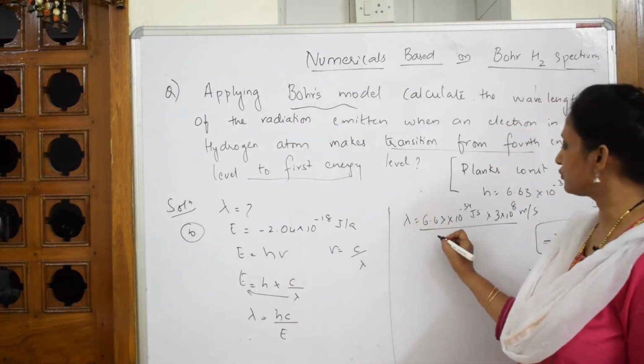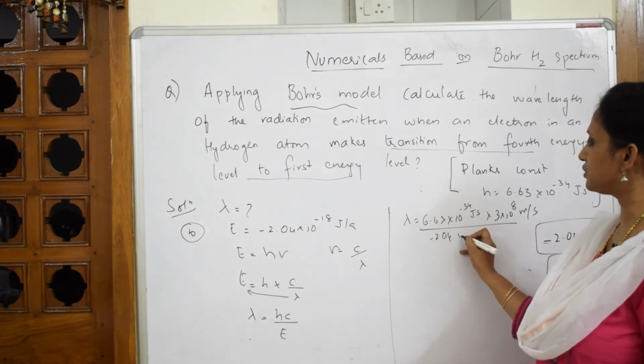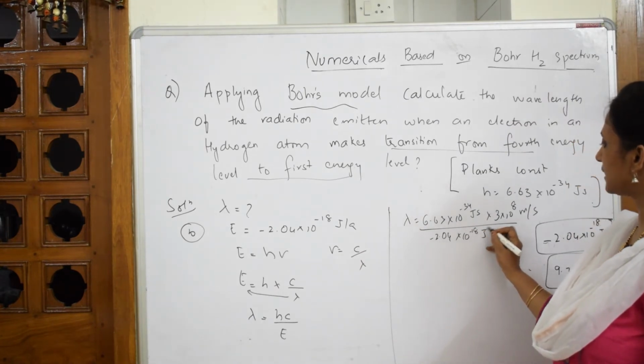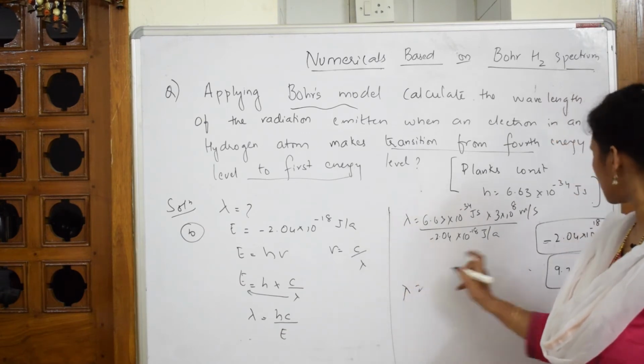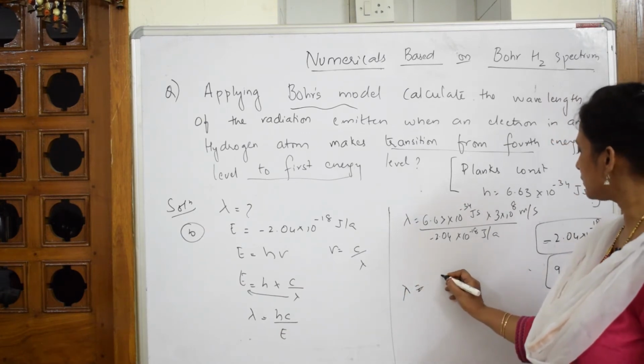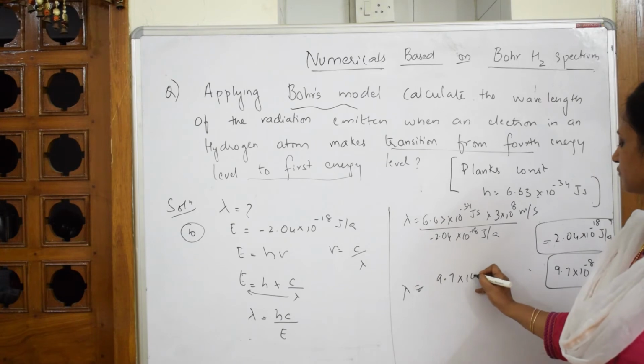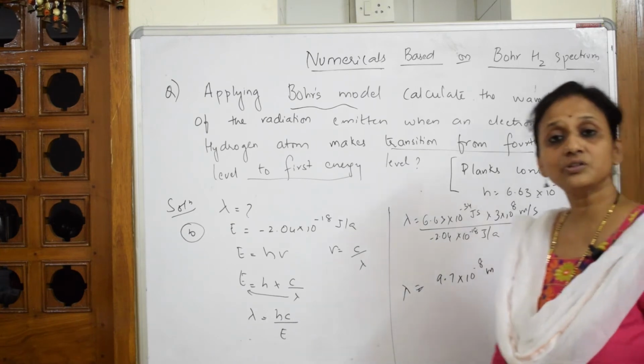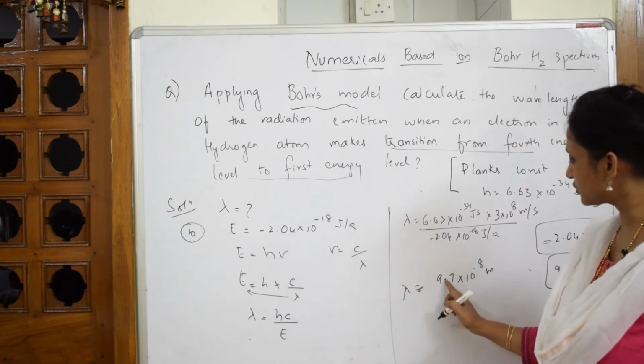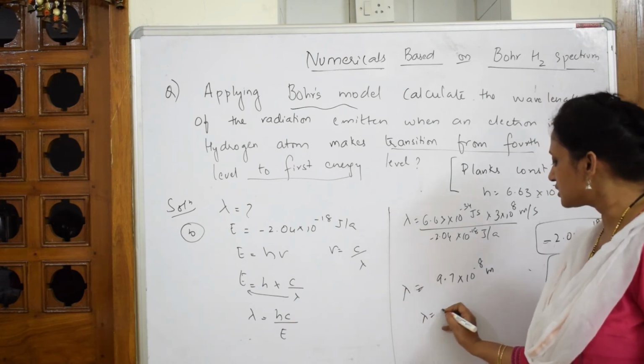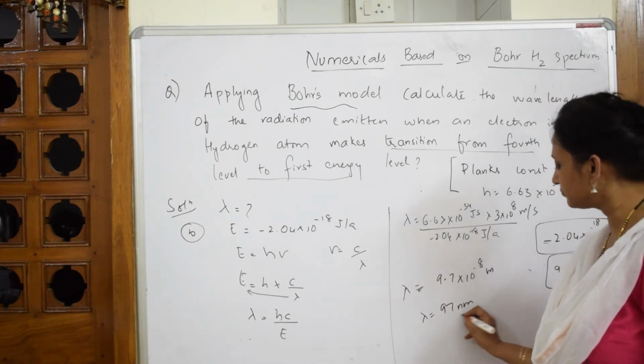How much did we get? We've got minus 2.04 into 10 raised to the power of minus 18 joule per atom. When I solve this, I get a lambda value equal to 9.7 into 10 raised to the power of minus 8 meter. Further, if you wish to write it in nanometer, shift one decimal in this direction. This becomes 97 nanometer. That's it.